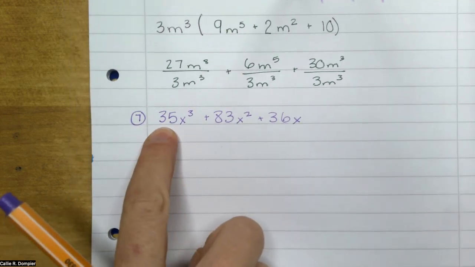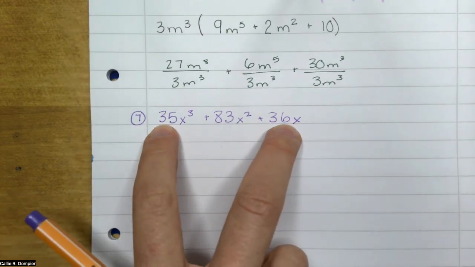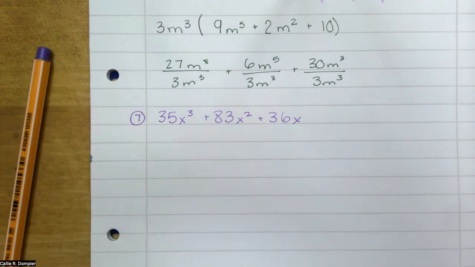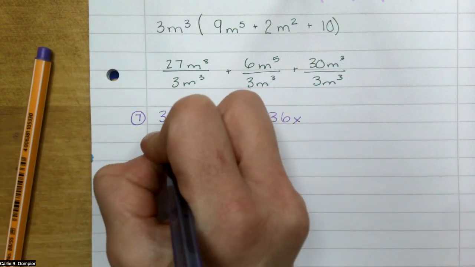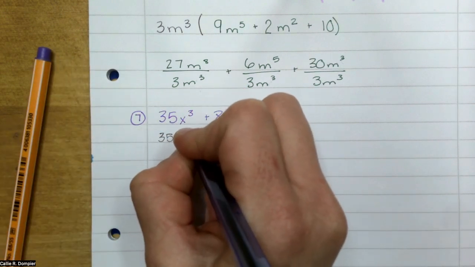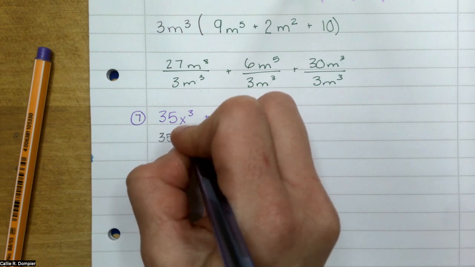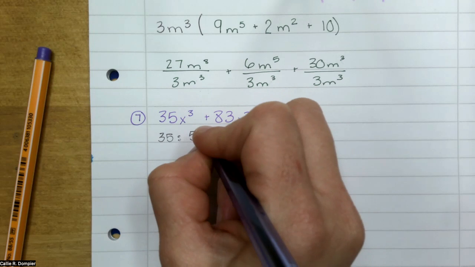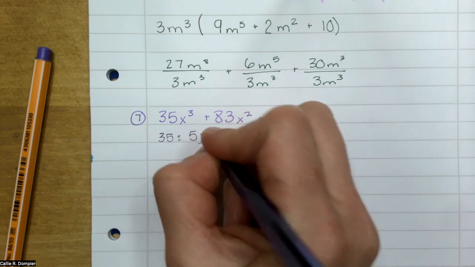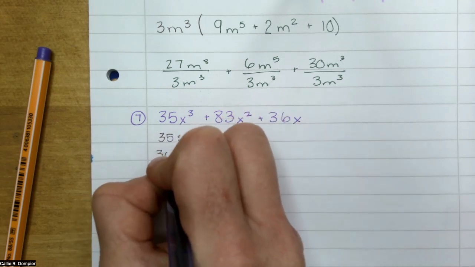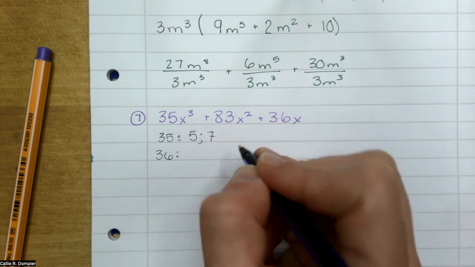I would say, what are the factors of 35 and 36? Do they have anything in common, right? So 35, the factors are 1 and 35, 5 and 7, yeah. And then 36, there's a lot of them.